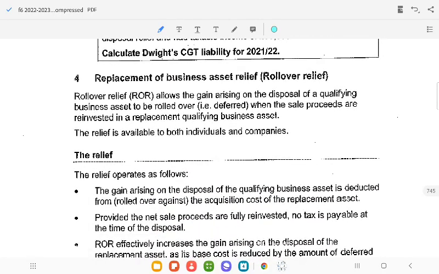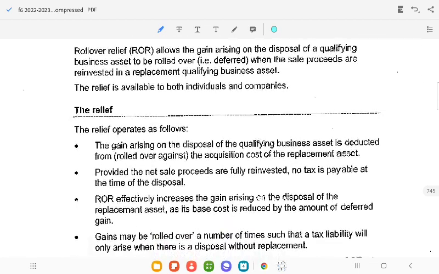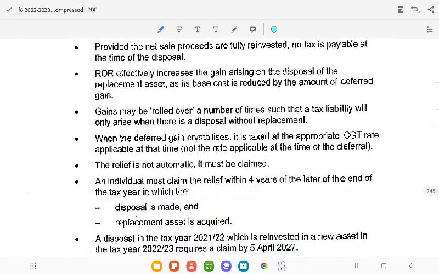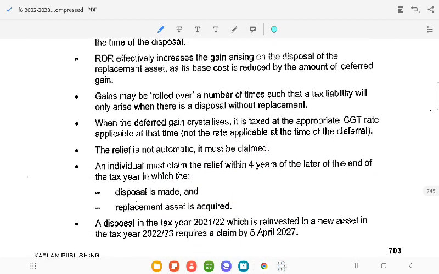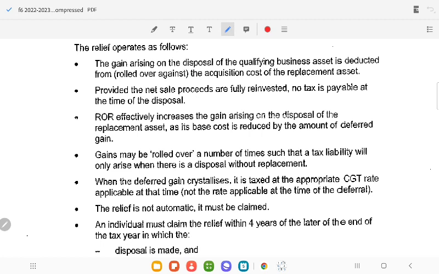Now, rollover relief, which we have already considered in the previous chapters, previous topics. For this, the gain arising on the disposal of a qualifying business asset is deducted from the acquisition cost of a replacement asset, right? But provided that the net sale proceeds are fully reinvested.